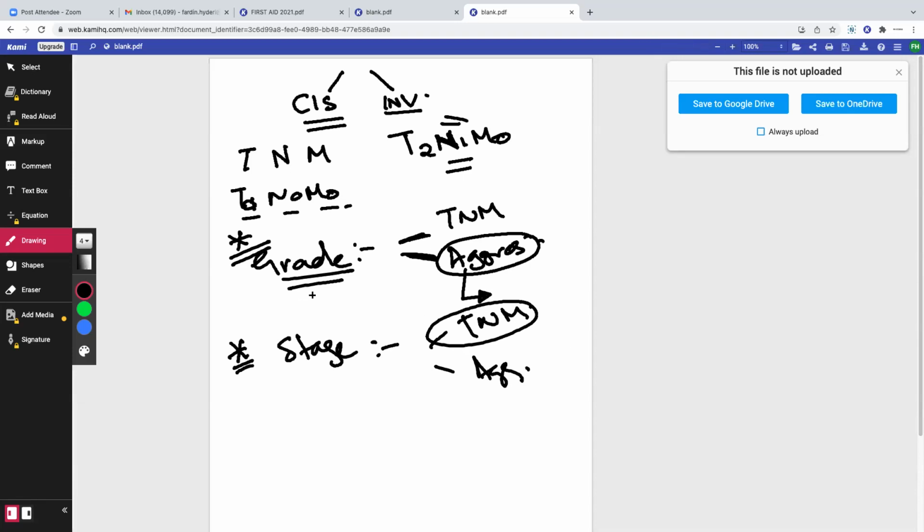Okay. Now grading and staging is very, very important. What is grading? Grading means we want to know how aggressive the tumor is, how the tumor looks, how anaplastic the tumor is. Usually when we say high-grade tumor, we mean that the tumor is not a good tumor, it's a very anaplastic tumor, with a very high chance it'll spread very fast.